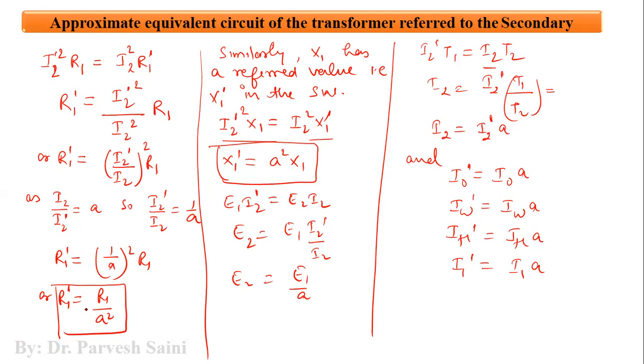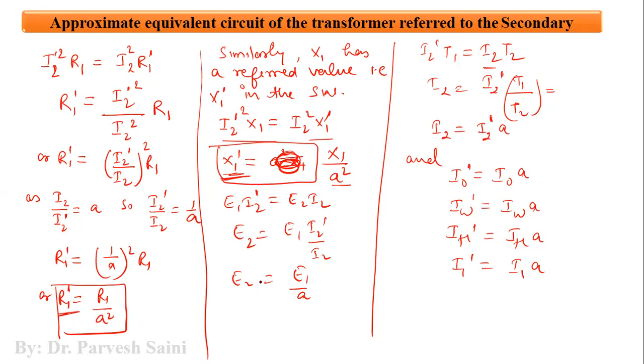The trend says that the resistance of the primary winding when reflecting in the secondary will always be divided by the square of the transformation ratio. The reactance of... this is wrong, sorry, it is X1 by A square, right? So the reactance of the primary winding when reflecting in the secondary winding will always be divided by the square of the transformation ratio.